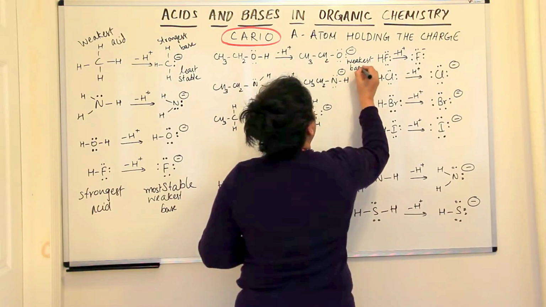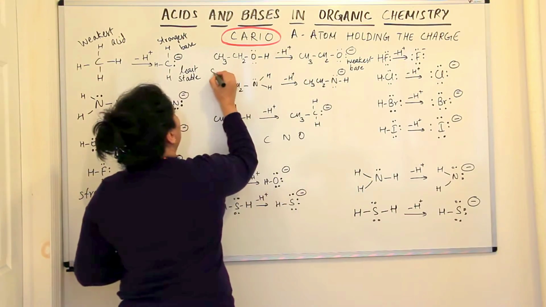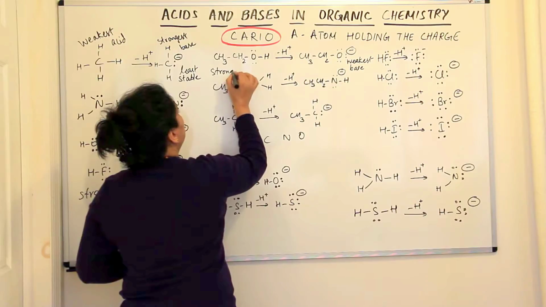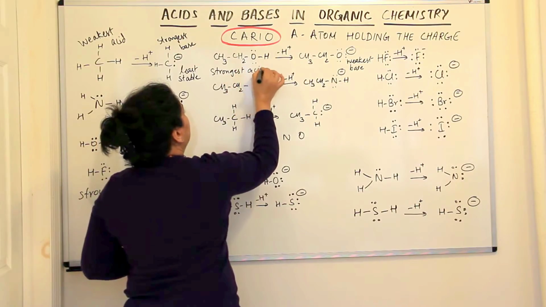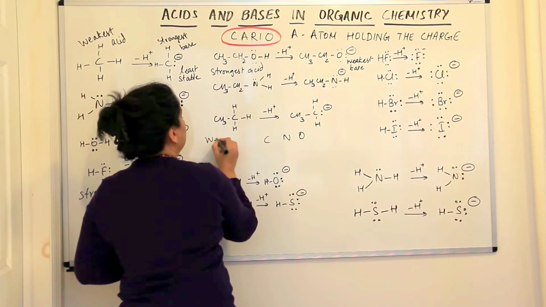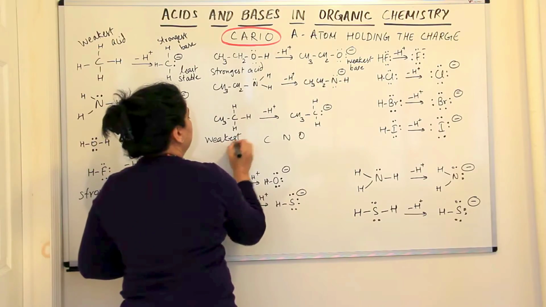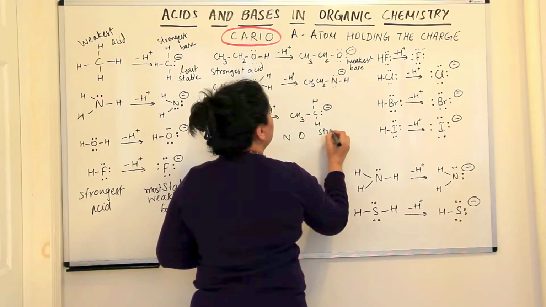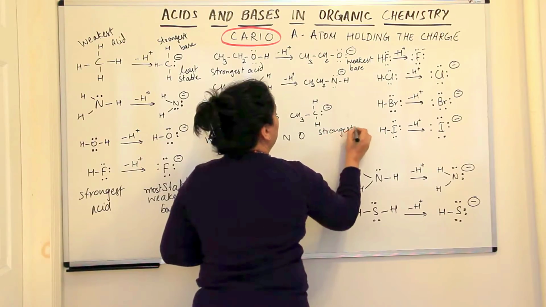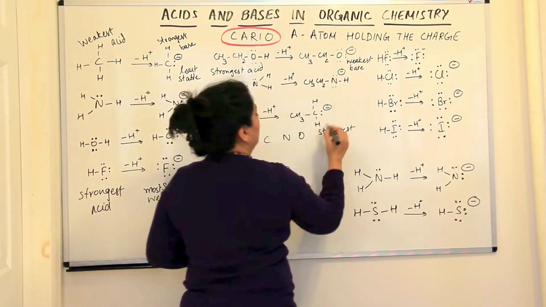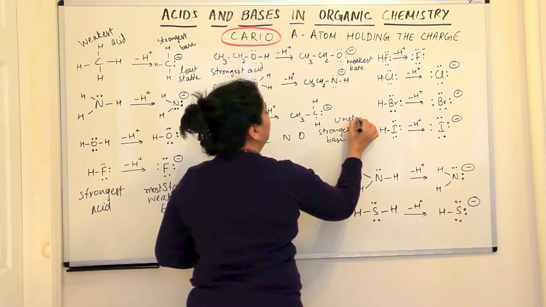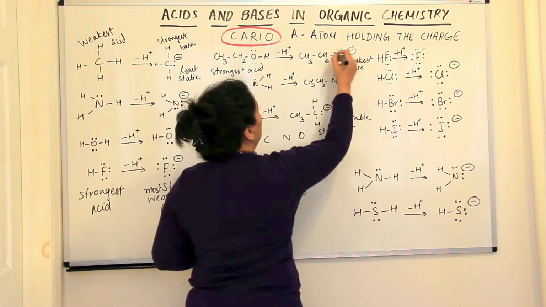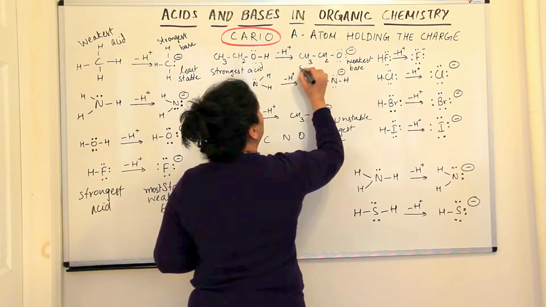If this is the weakest base, this would be the strongest acid. And this would be the weakest acid, while this is the strongest base, or the most unstable, and this is the most stable ion.